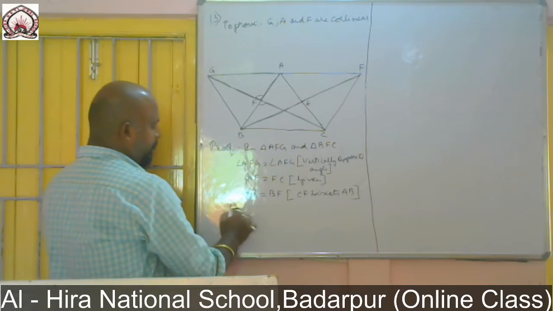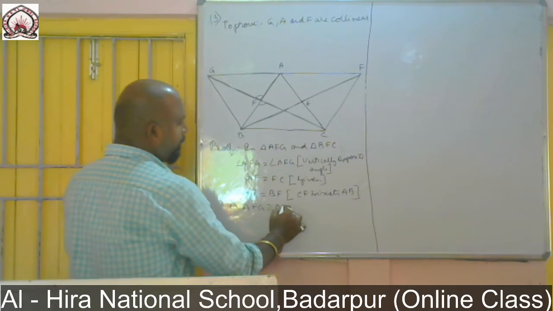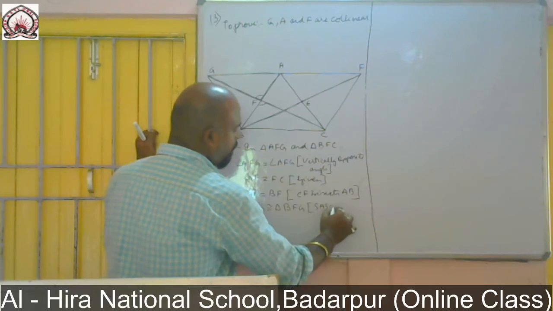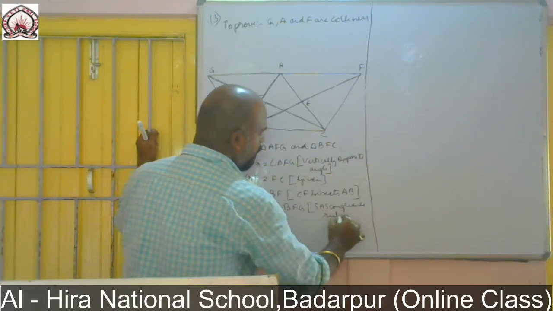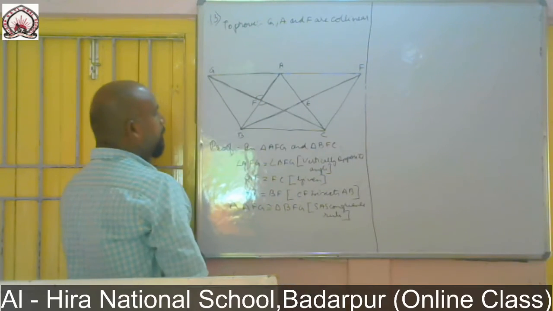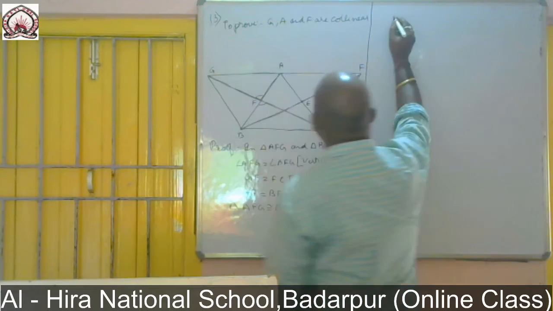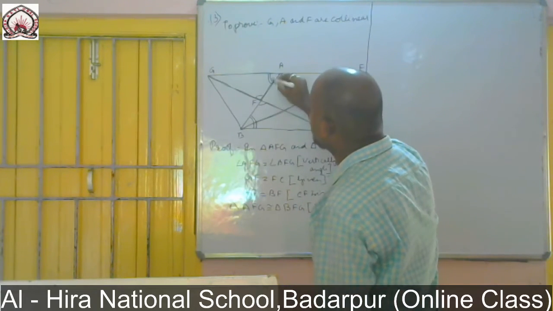Now this is angle side. What can you write? Triangle AFG is congruent to triangle BFC by SAS congruence rule. So by CPCT, this angle will be equal to this angle.